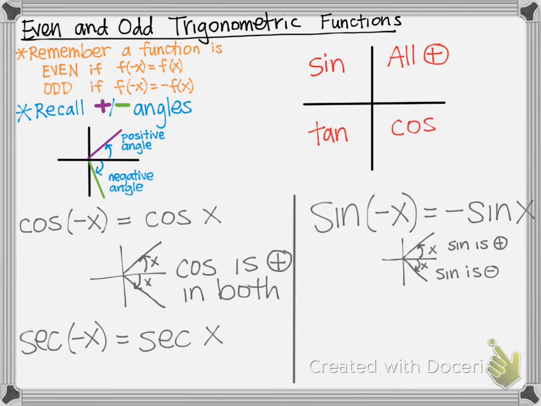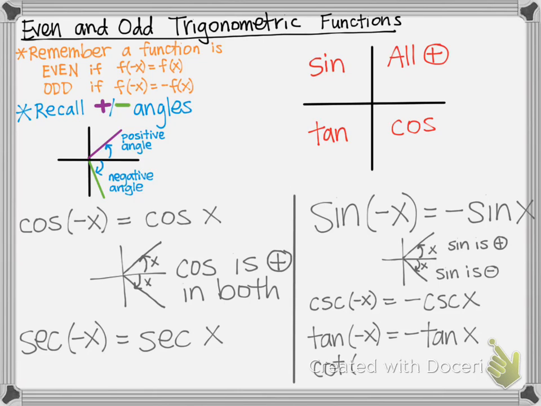And so you'll see sine x is the same, but negative out in front. This is true for cosecant. This is also true for tangent. And it is true for cotangent. So cosine and secant are even. Sine, cosecant, tangent, and cotangent are all odd functions.